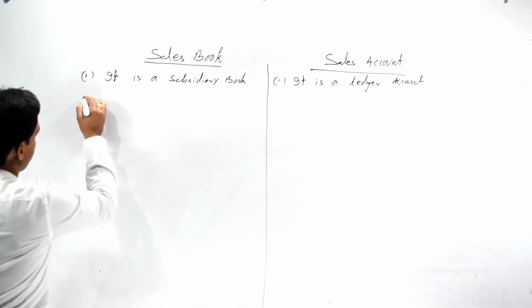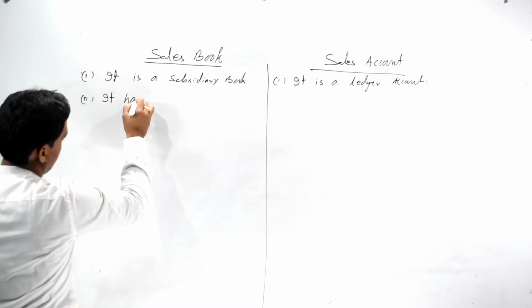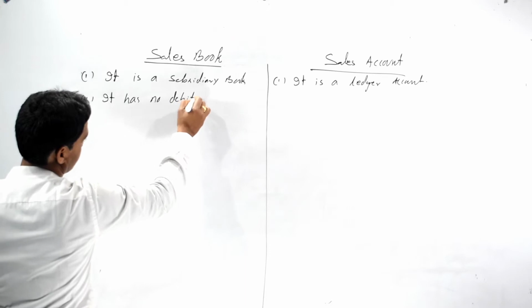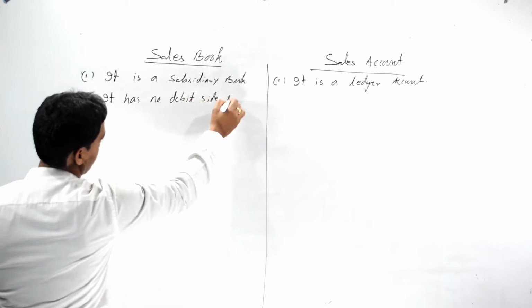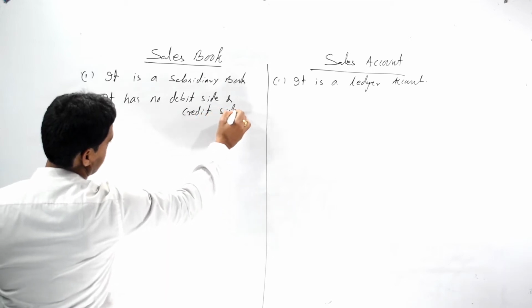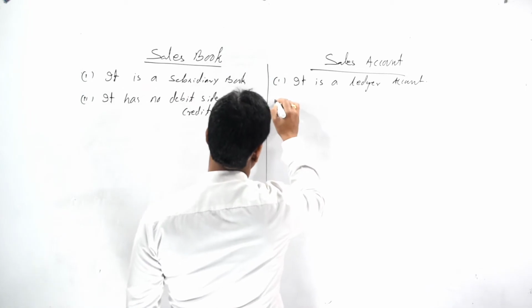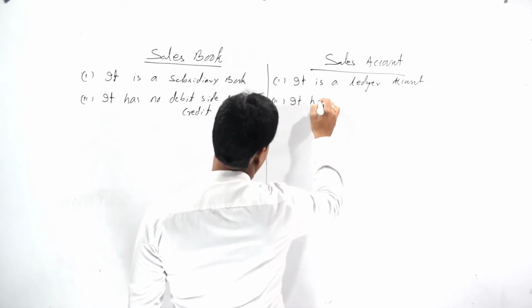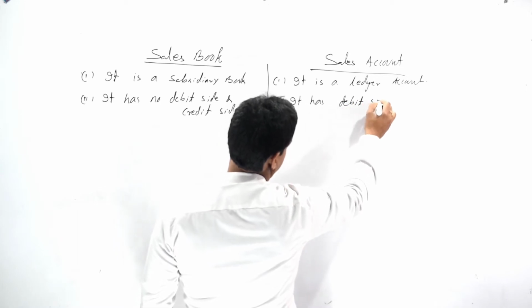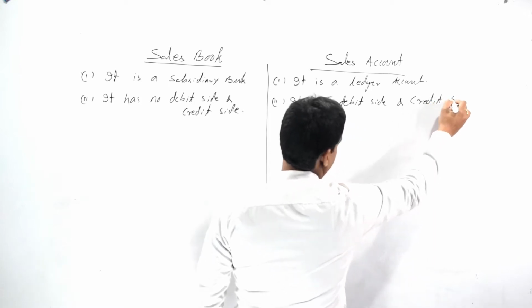Then the next difference is that it has no debit side and credit side, whereas sales account has a debit side and credit side.